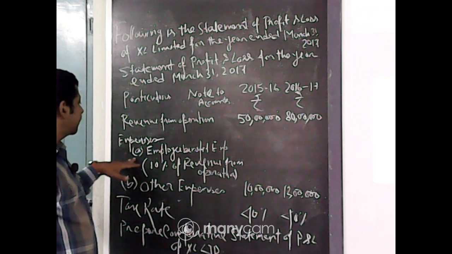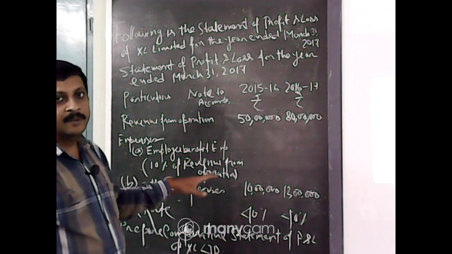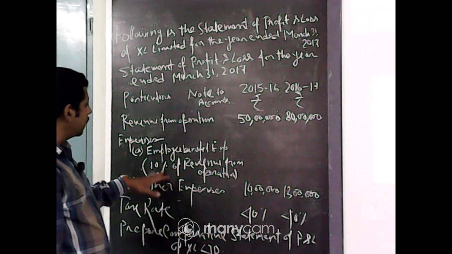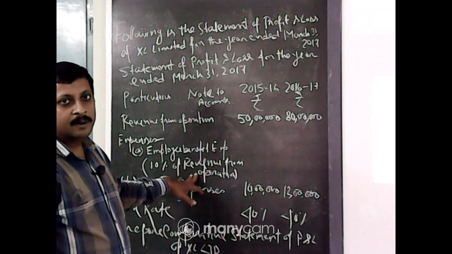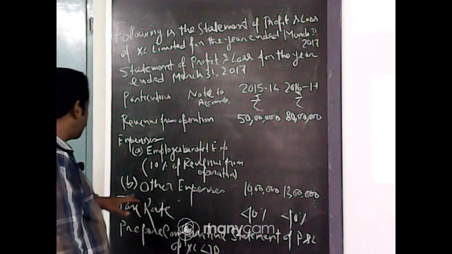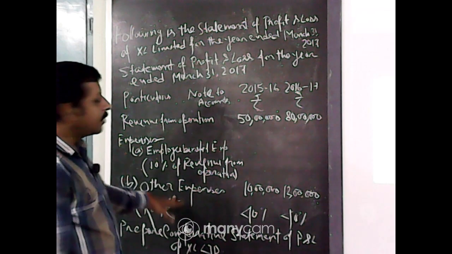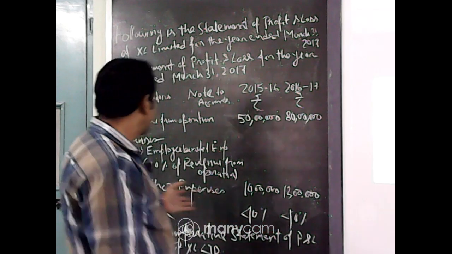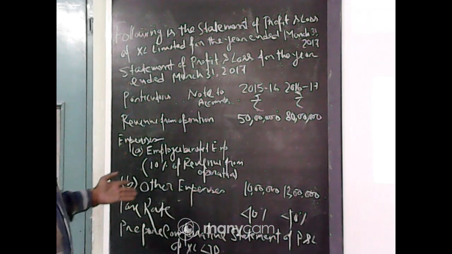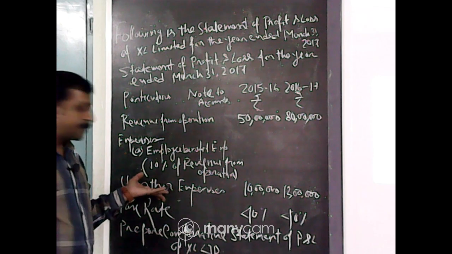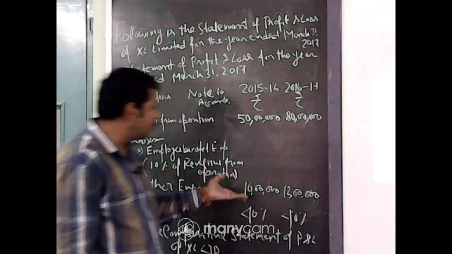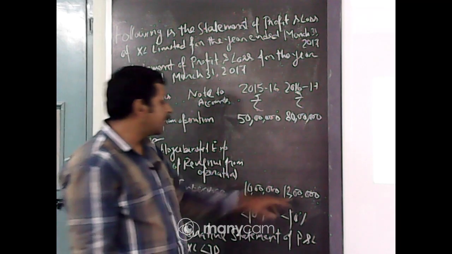Employee benefit expenses are calculated as 10% of revenue from operation. Number B, other expenses, may include selling expenses or rent paid, and are already given in figures, 10 lakh and 12 lakh.